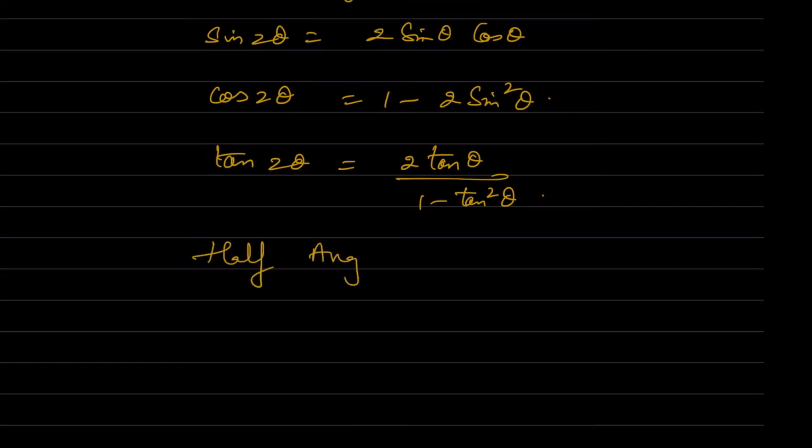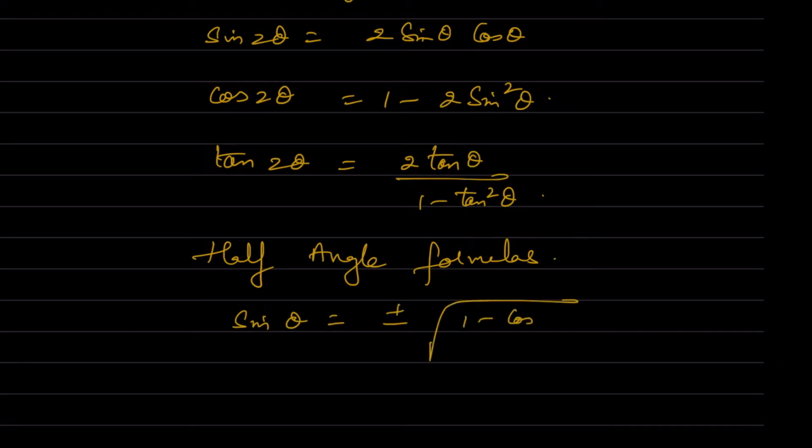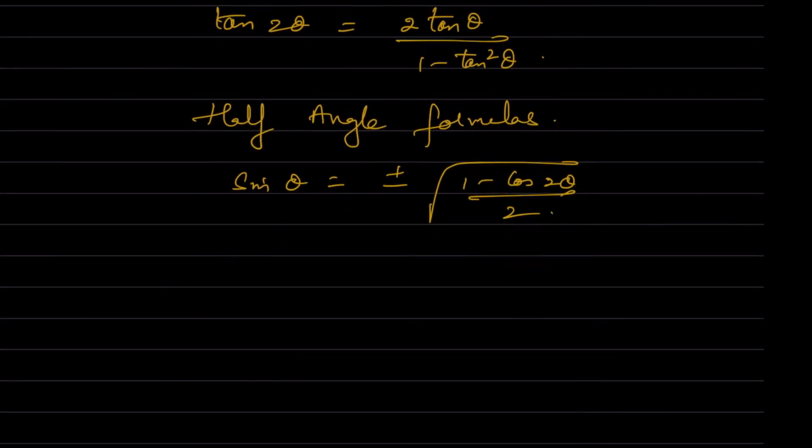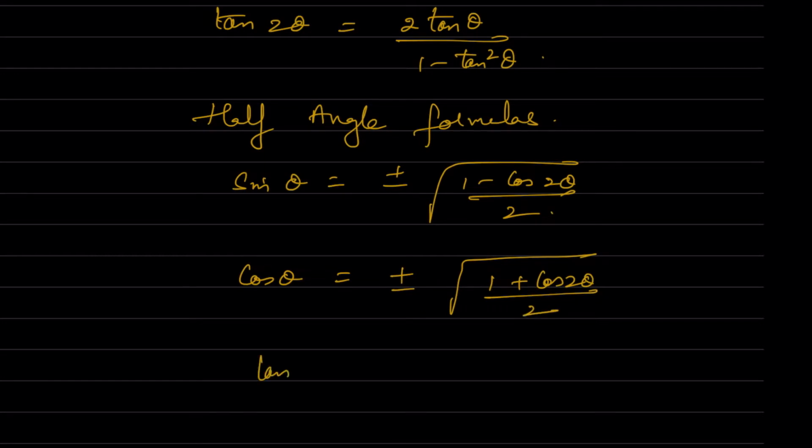Next we have what are called half angle formulas. What are these half angle formulas also we'll see. So sin theta is equal to plus or minus under root of 1 minus cos 2 theta by 2, and cos theta is equal to plus or minus root of 1 plus cos 2 theta by 2.